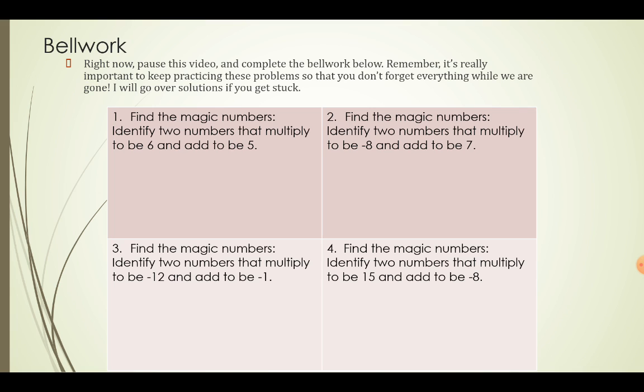So what we're going to do is find the magic numbers. Identify two numbers that multiply to be 6 and add to be 5.